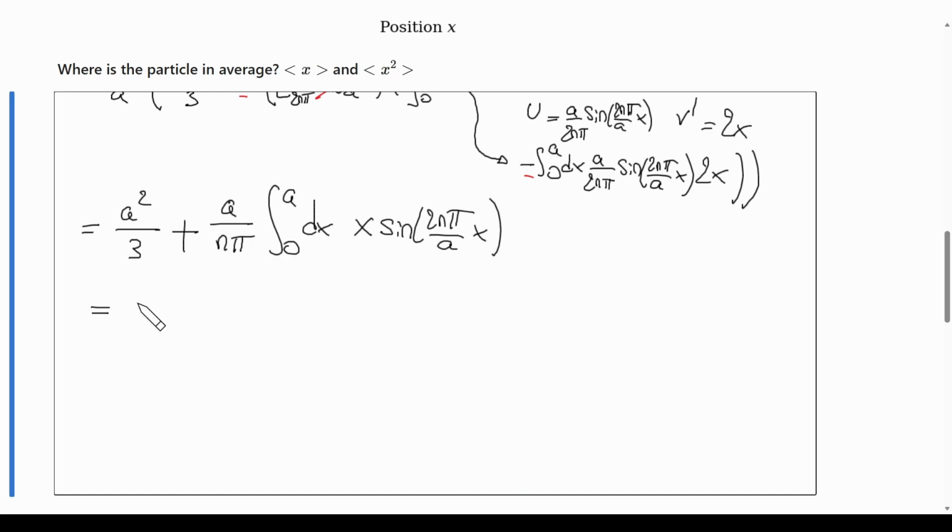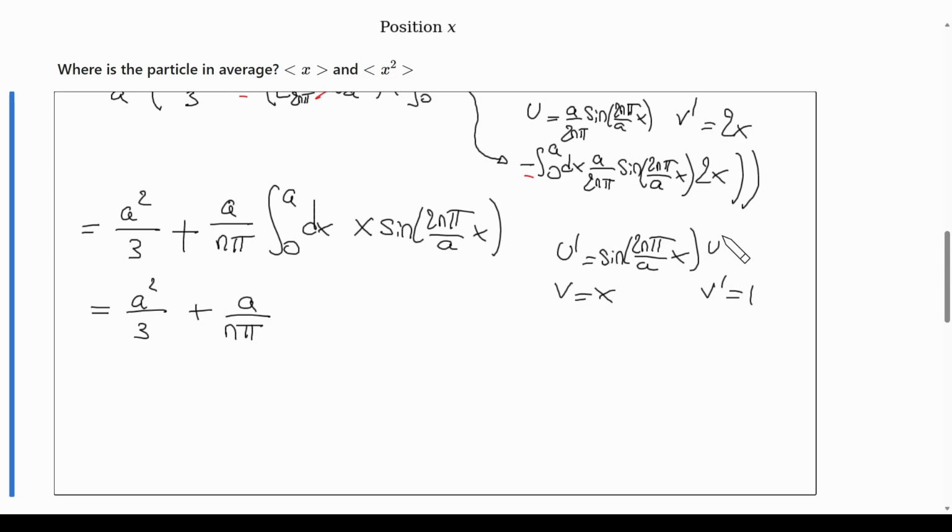and here we simply redo the integral by parts, and it gives us a squared plus a over n pi times, so let's take u prime equal to sine 2 n pi over a x, v equals x, v prime equals 1, and u, sorry, equals minus a over 2 n pi cos 2 n pi over a x.